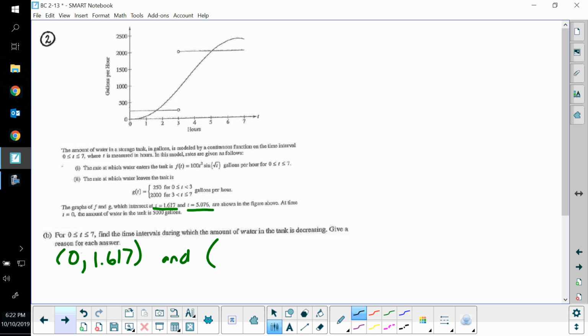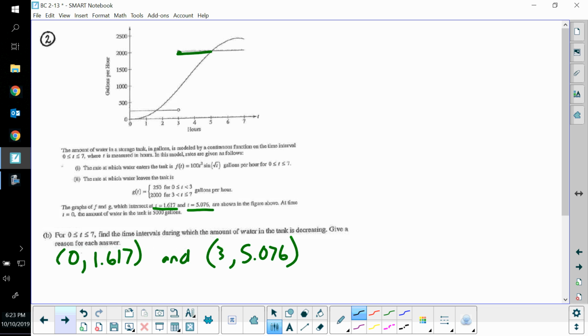And again from 3, because we're starting right here, to the intersection point of 5.076. Now we have to give a reason. Well, we were able to determine this because the leaving rate was greater than the entering rate.